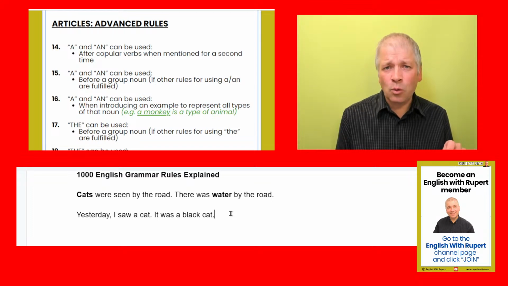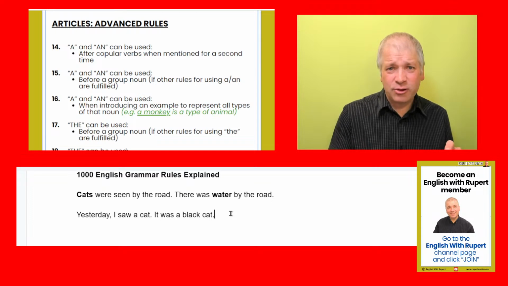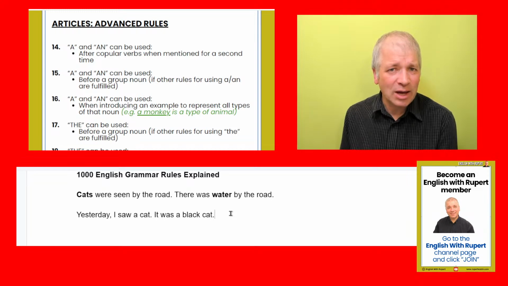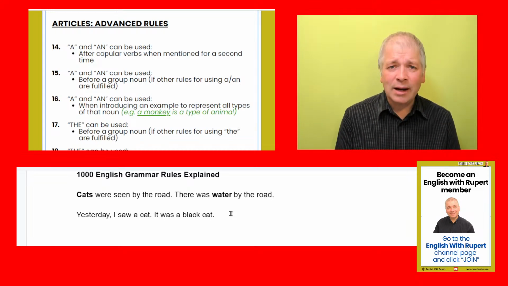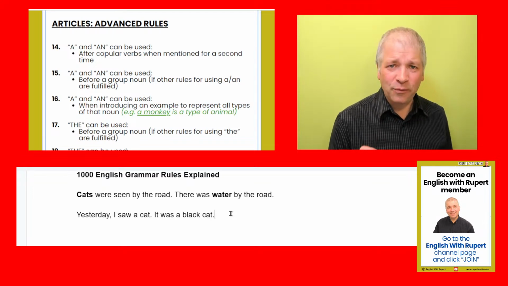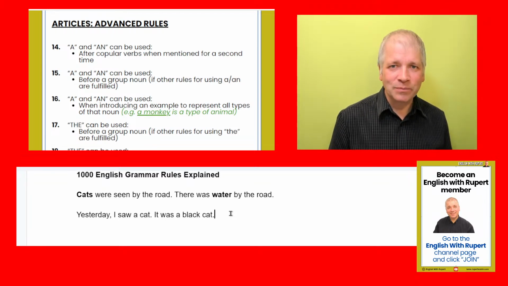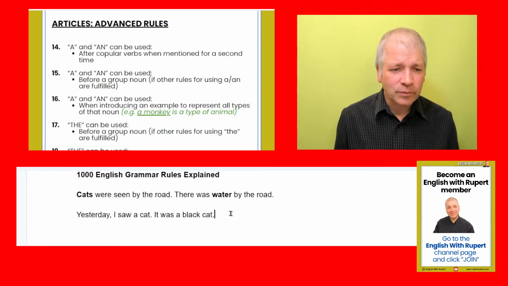This is a sentence where the noun actually describes the subject. What is it? A black cat. So a black cat tells us what it is. And in this kind of structure, the second mention has a before the noun, which is quite surprising, but check it everywhere. It's always this way. So that's rule 14.